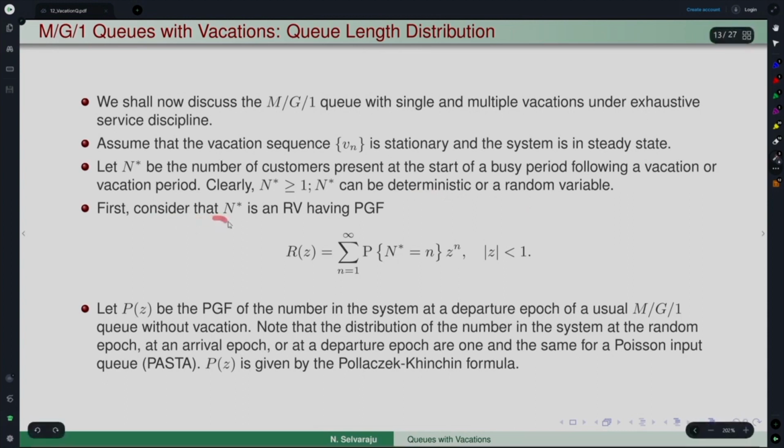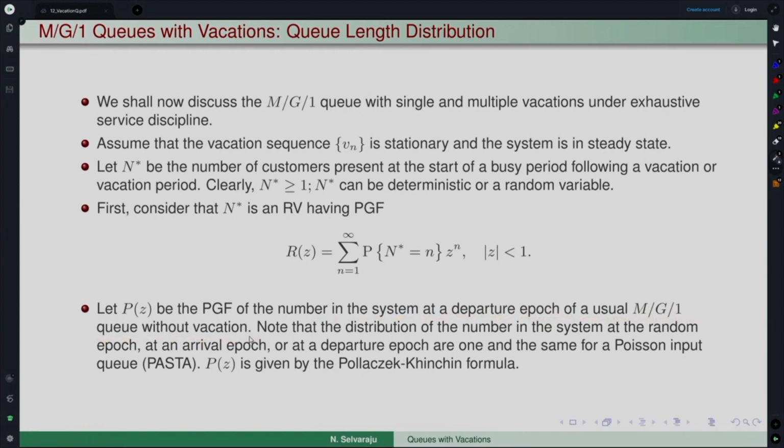Now, first consider that N star is a random variable which has a probability generating function, which we call R of z. Let P of z be the PGF of the number in the system at a departure epoch of a usual M/G/1 queue without vacation.